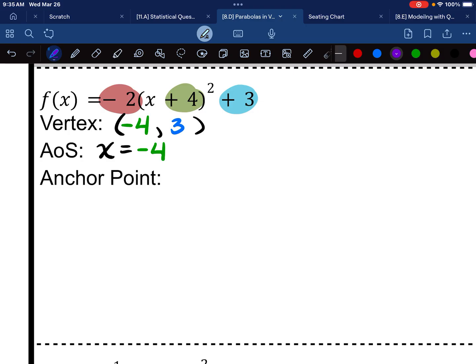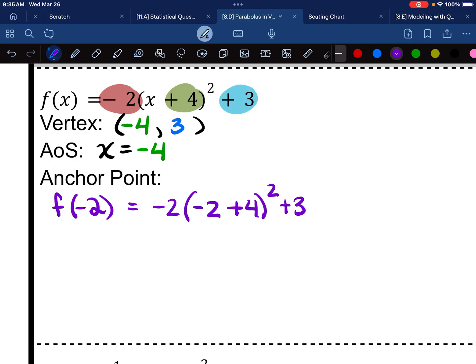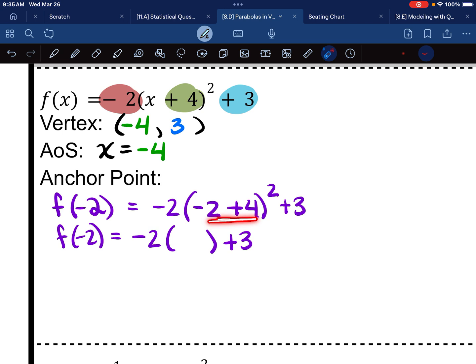So I come over to my equation, and I'm finding f of negative 2. So everywhere there's an x, I replace it with negative 2. And now I'm just simplifying this, okay? So first I'm going to clean up those parentheses because those are a hot mess. So right here, negative 2 plus 4 is 2.